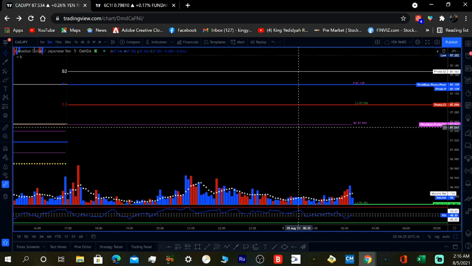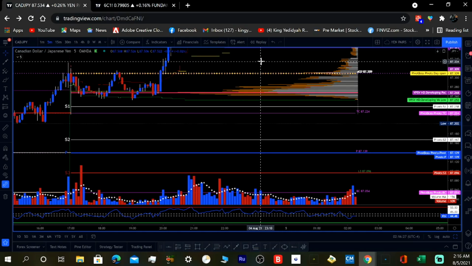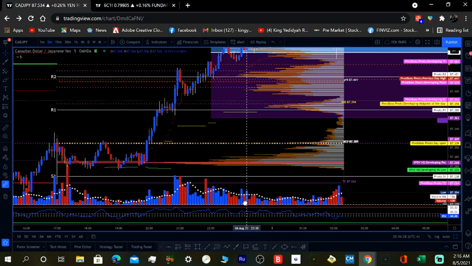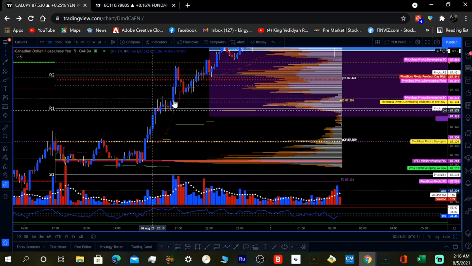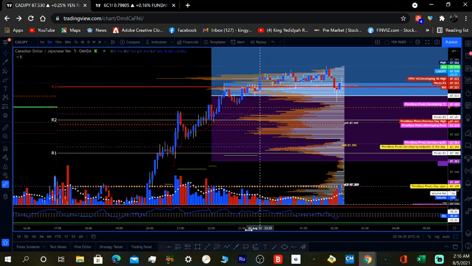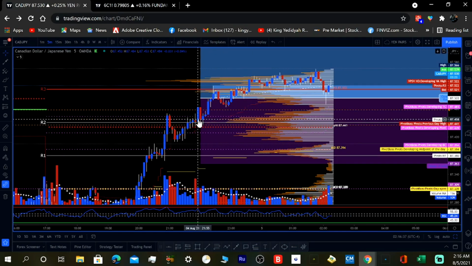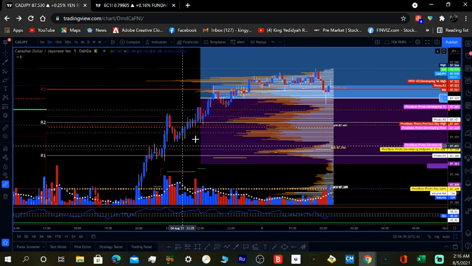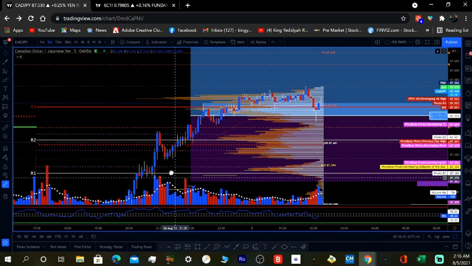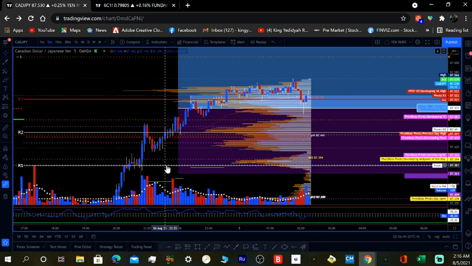To me that's not a good risk to reward. I wanted to at least break over R1, and then we could look for buys, you know what I'm saying? Or you break R2 to R3, we could look for something like that. That's a less high probability trade, but it's still above the resistance level.